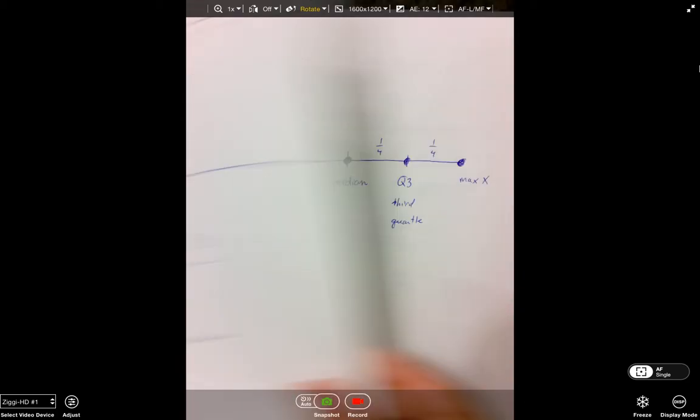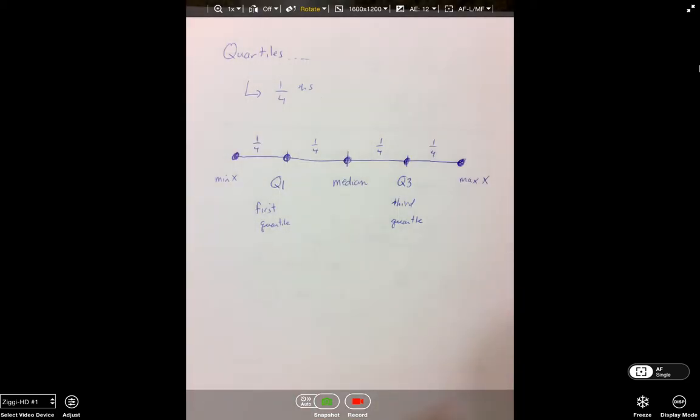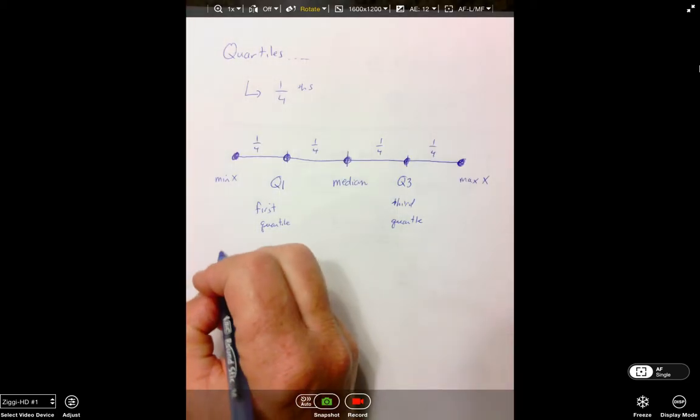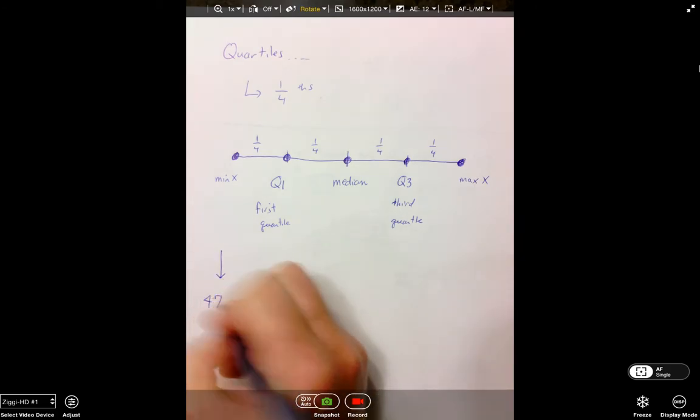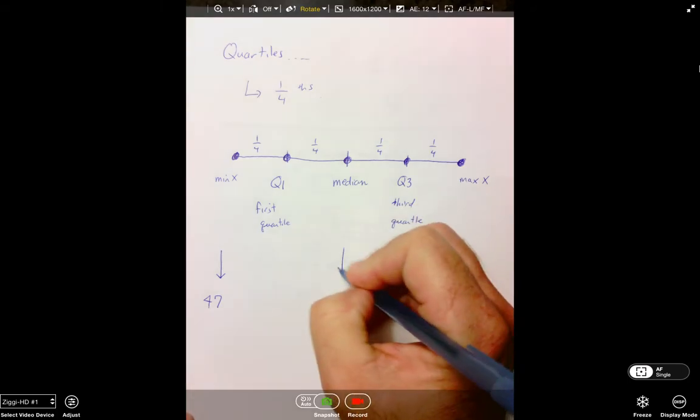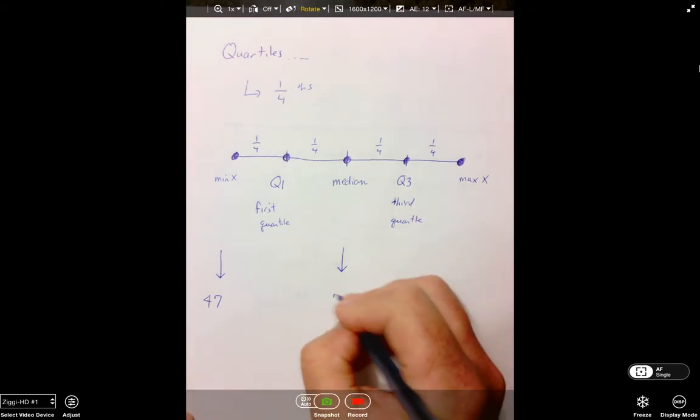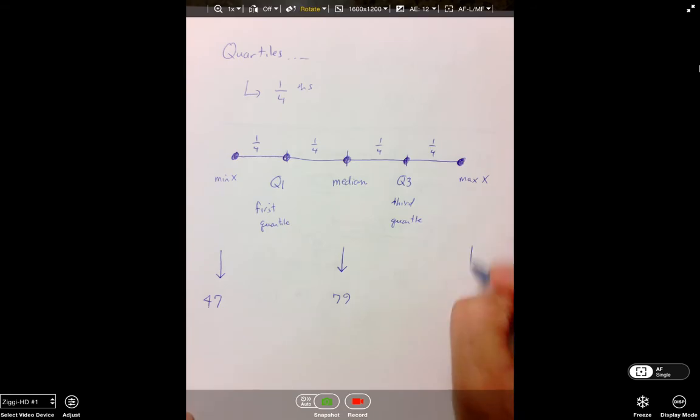So guys, when we go back to our numbers here, this minimum value is 47. We saw that the median was 79. We saw that the maximum value was 92.